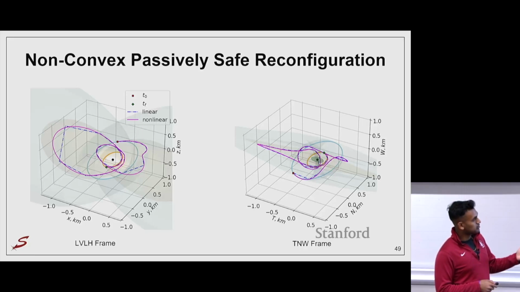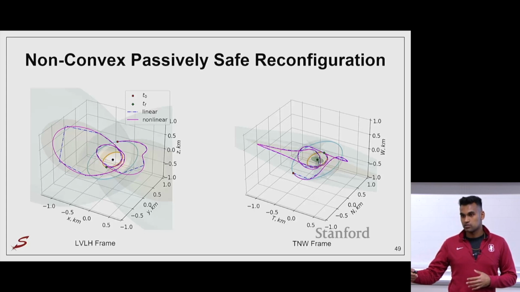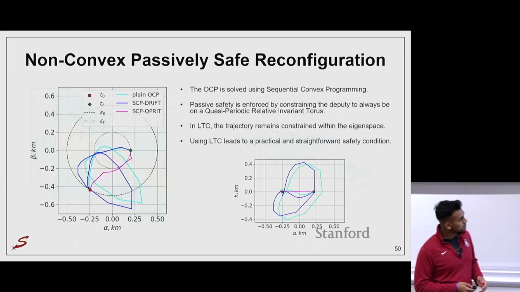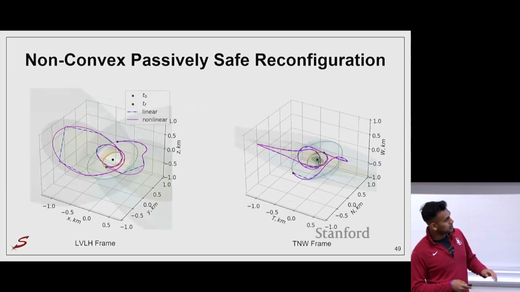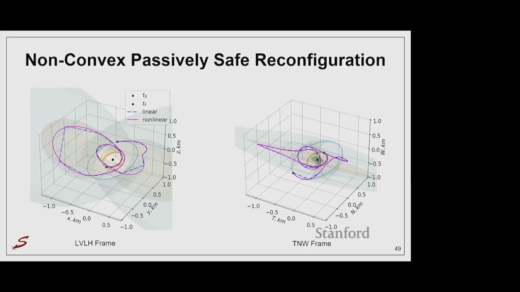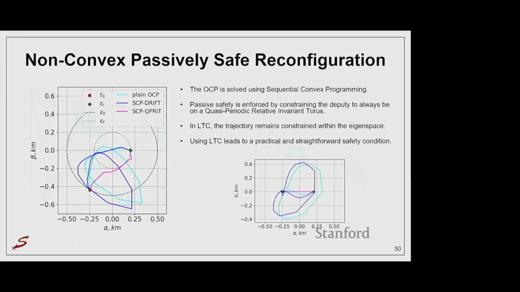The key objective is to reconfigure from one quasi-periodic orbit or torus to another at a smaller magnitude. This image doesn't really tell you much except that the transfer was successful. But the key thing is when you look at it in local toroidal coordinates, we have the invariant circle of the smaller torus and the invariant circle of the initial, larger torus.